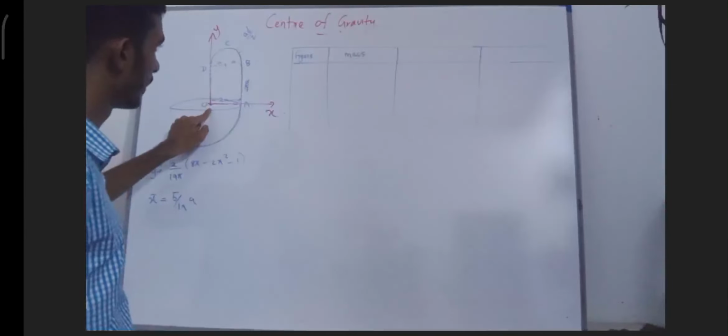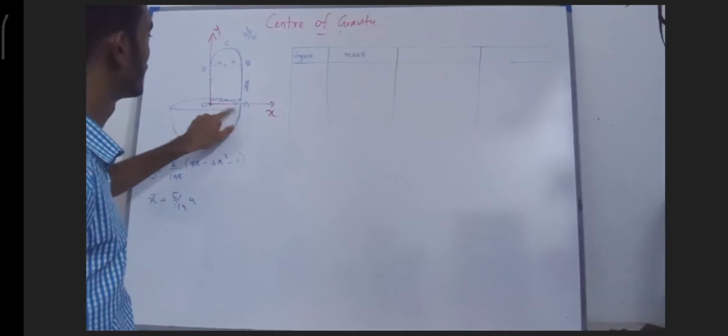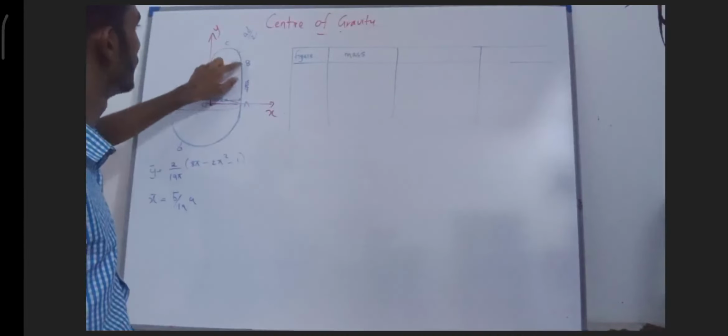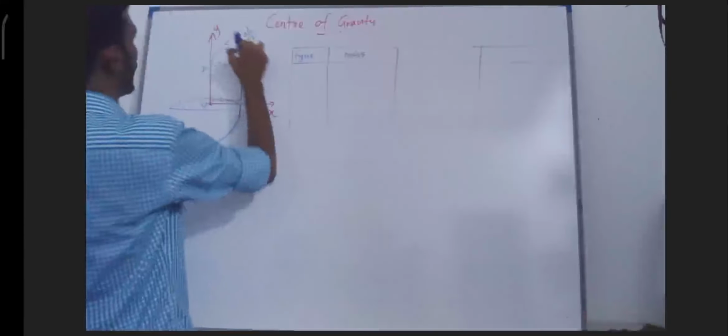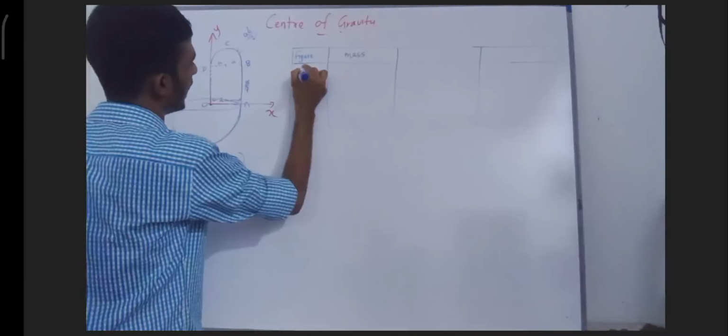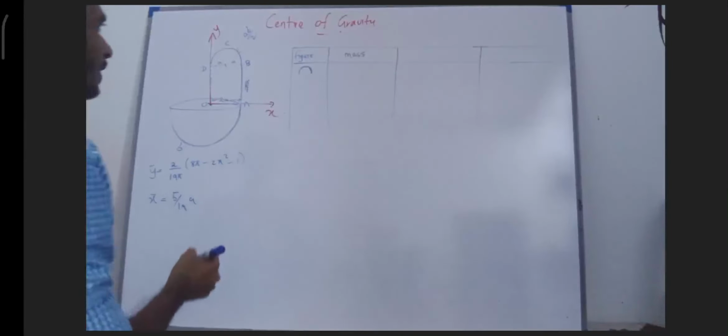Now from this origin, at what distance is the center of gravity of each component of the compound figure lying? Now I'm going to take this one. You can just write it like this, otherwise you can write the name as well.